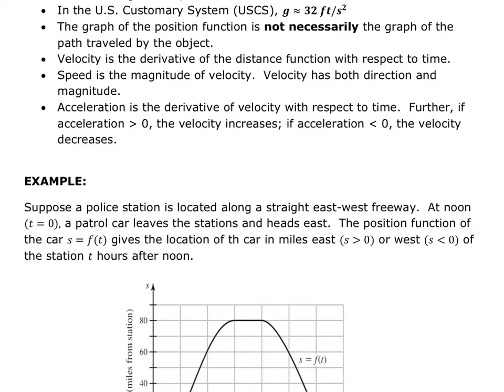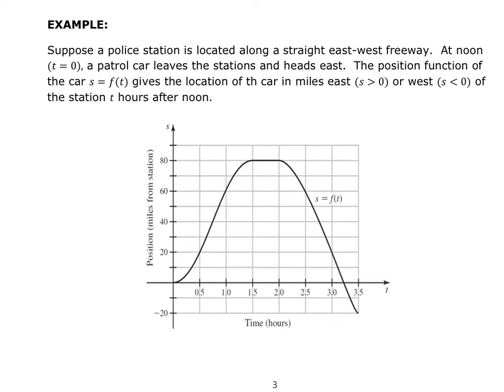So as an example, here is a patrol car, and it is strictly east-west or north-south if you would prefer. And so he leaves his station right here. And in the first 30 minutes, he's got a slow acceleration. And then his acceleration looks pretty constant in that area.